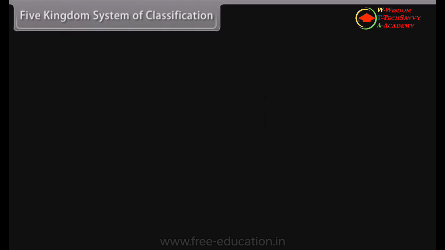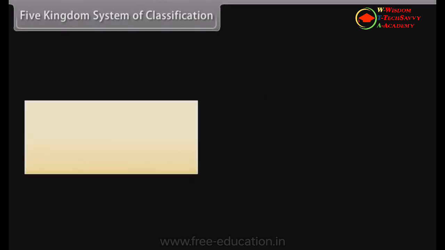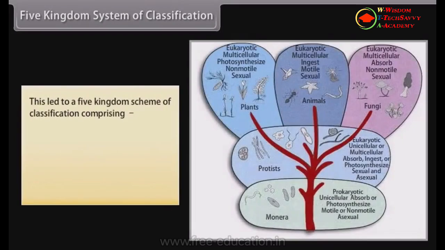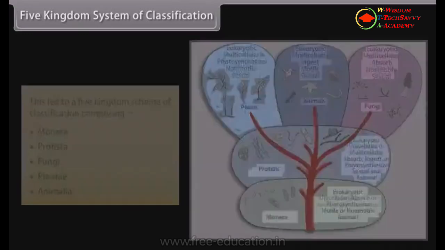Five-kingdom system of classification. In 1969, the American ecologist Robert H. Whittaker proposed that fungi differ enough from other microorganisms to justify calling them a separate kingdom. This led to a five-kingdom scheme of classification comprising Monera, Protista, Fungi, Plantae, and Animalia.